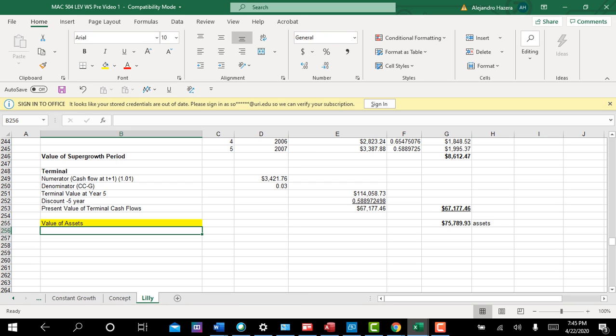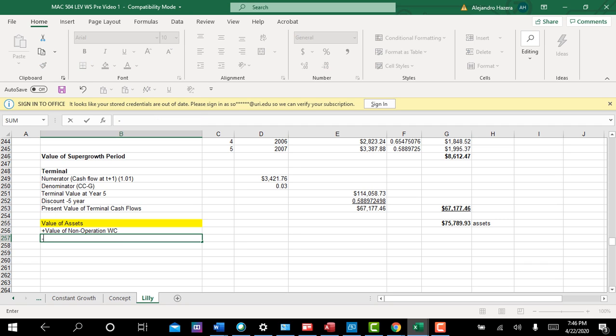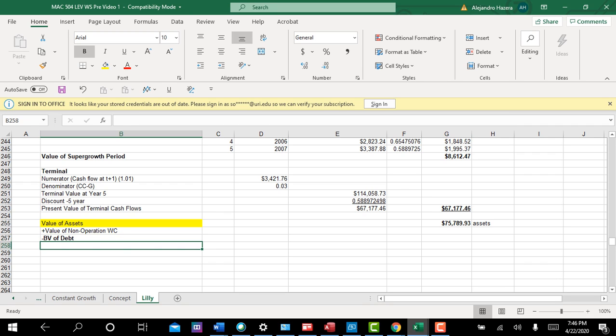I'm just going to go ahead and add in, like I've been doing, the value of, and this is going to be a plus, value of non-operating working capital, and we've got that number somewhere on top, minus, and this is the one that you could argue with me on because I'm using book value of debt, minus book value of debt.